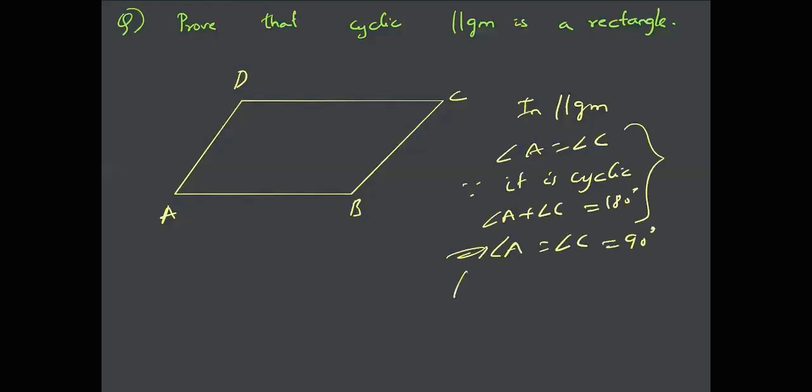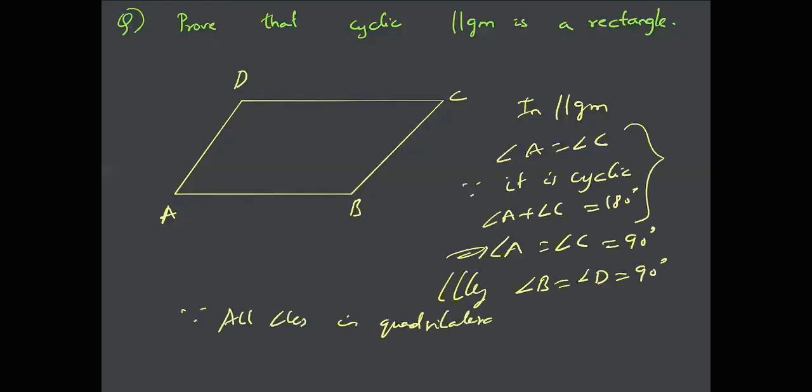90 degrees. And similarly, you can tell that angle B is equal to angle D is equal to 90. So since all angles in the quadrilateral are 90 degrees, it is a rectangle. Fine.